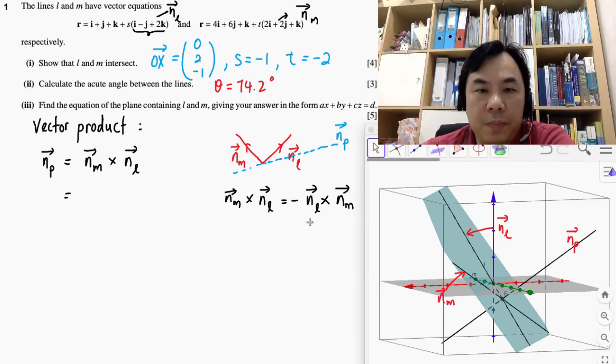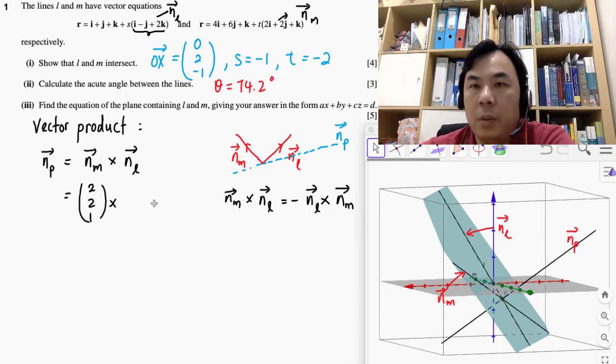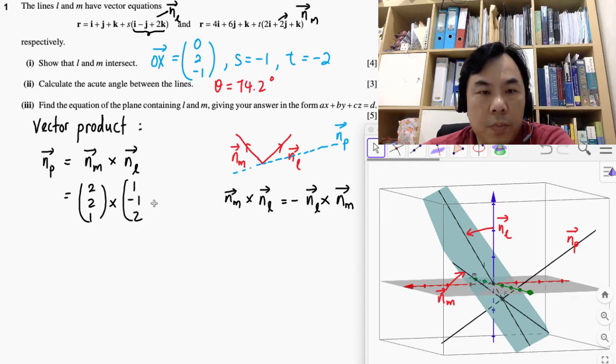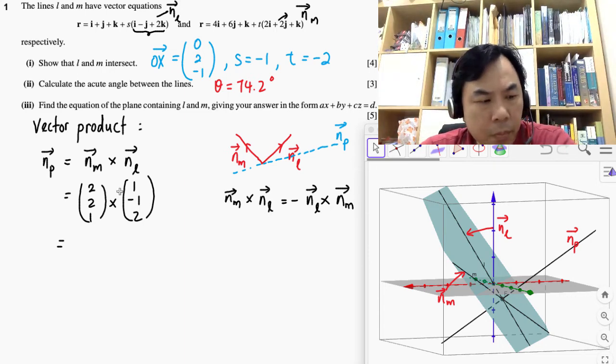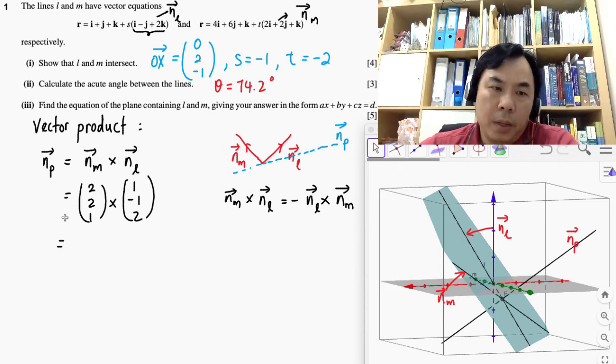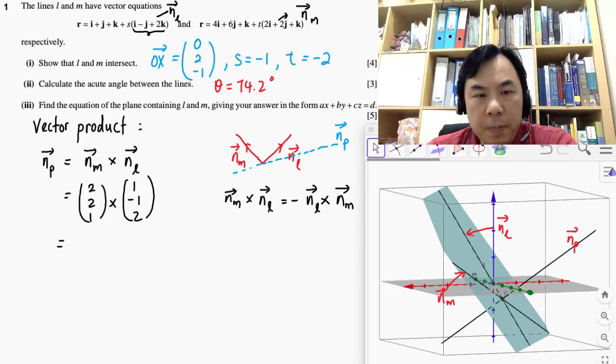Okay, from here, I'm going to write this one down as (2, 2, 1) cross product, or vector product, with this (1, -1, 2). Now, performing the cross product is a bit challenging, but the best way to do this is as follows.